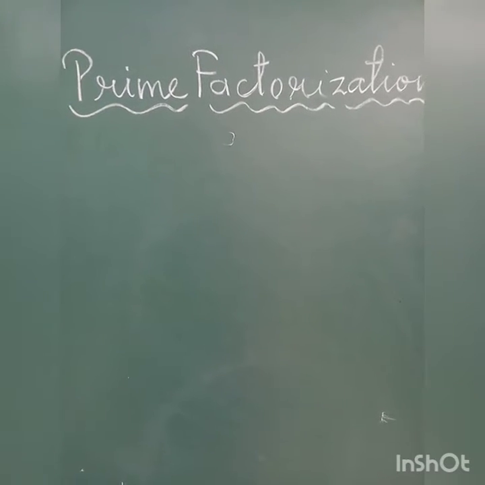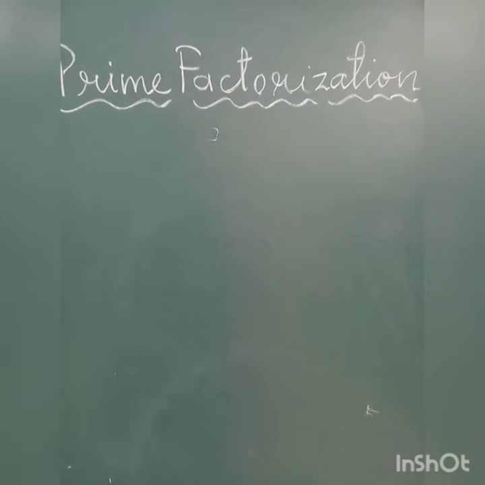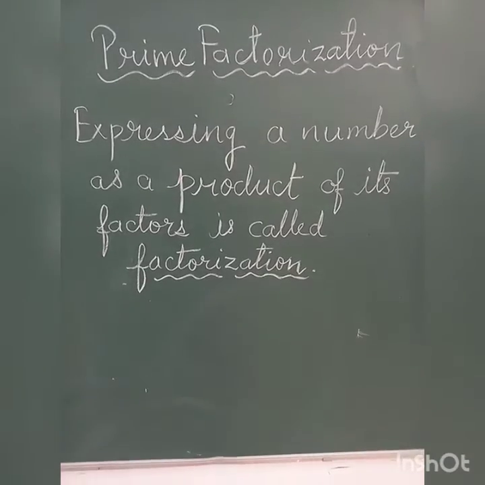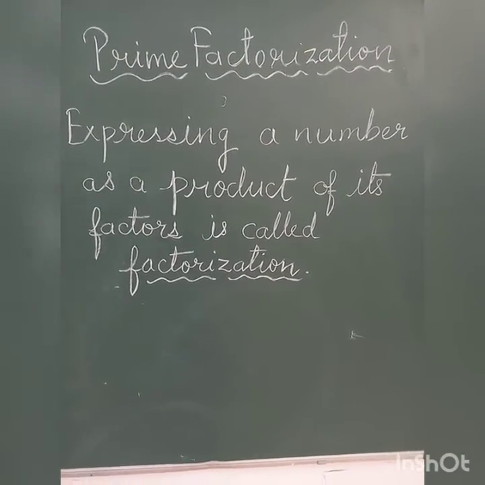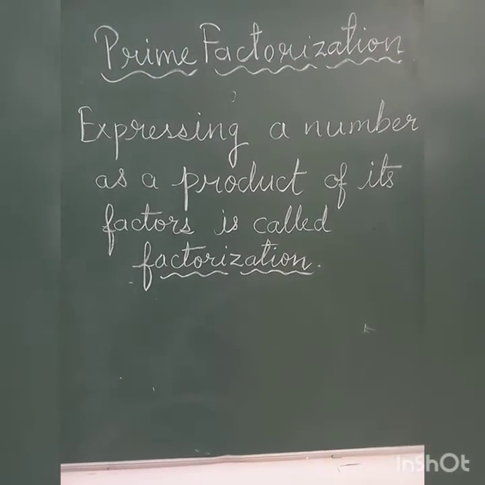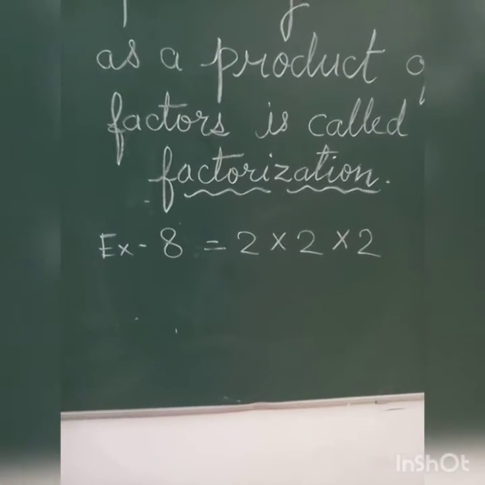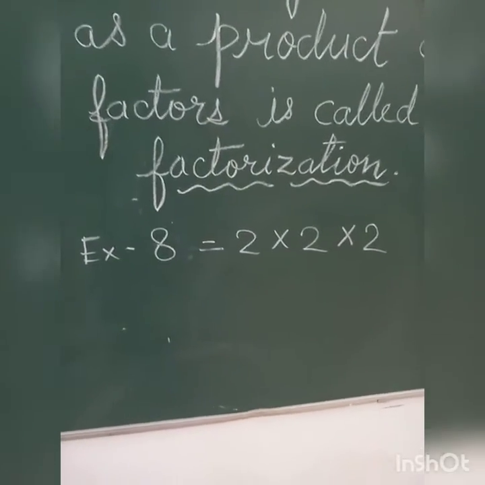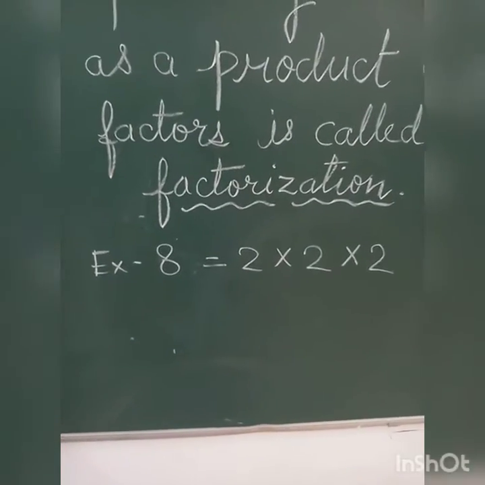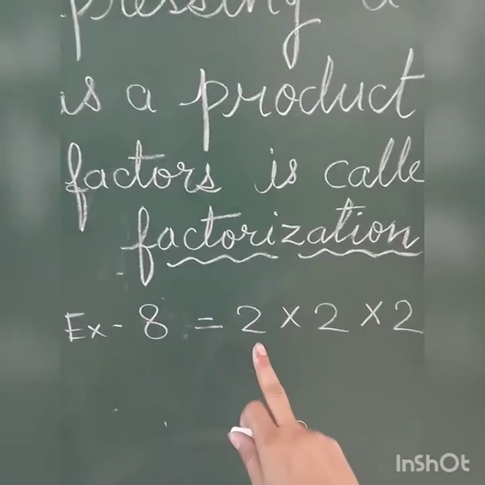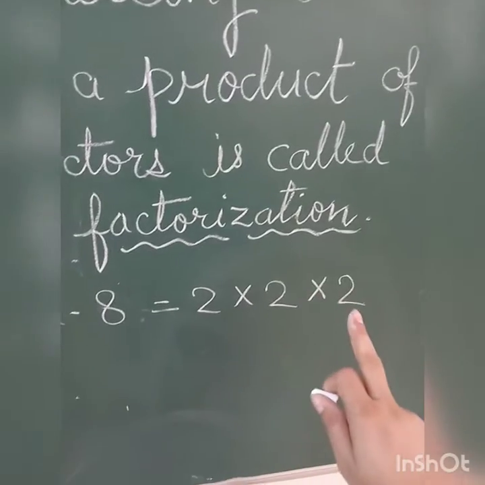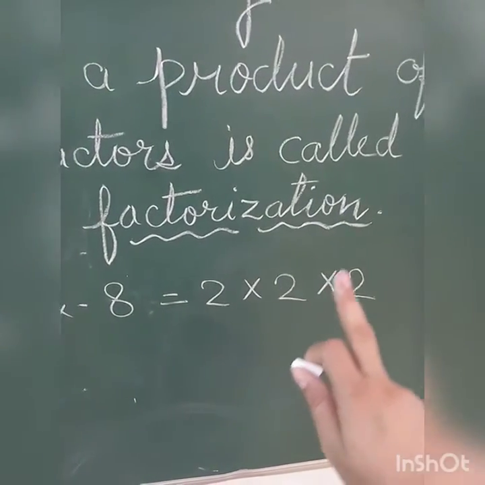Now let's understand what factorization is. Expressing a number as a product of its factors is called factorization. For example, number 8. For number 8 I have written here 2 multiply 2 multiply 2. 2 2s are 4, 4 2s are 8.